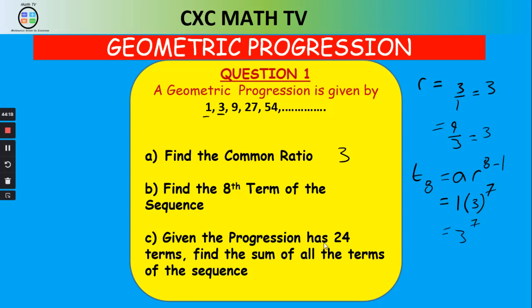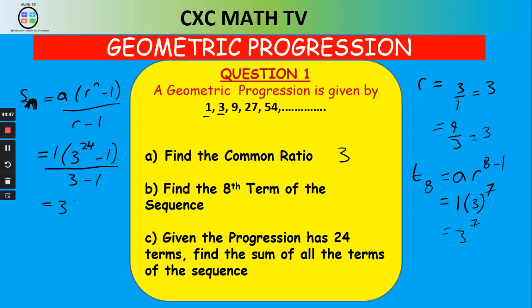Now it says, given that the progression has 24 terms, find the sum of all the terms. So S24, r is what? This is divergent, so we use a formula. Which formula are we going to use for Sn? We're going to use the one with r to the n minus 1 over r minus 1. So it is 1 in bracket 3 to the 24 minus 1 over 3 minus 1.